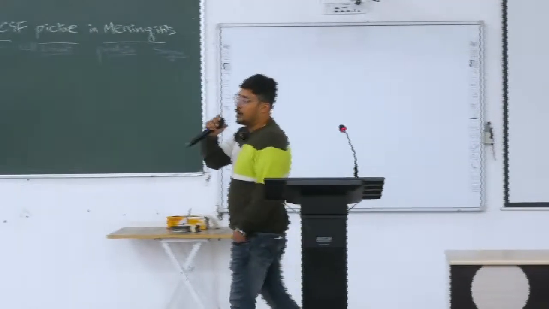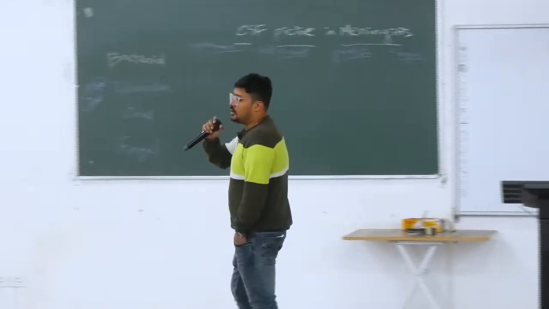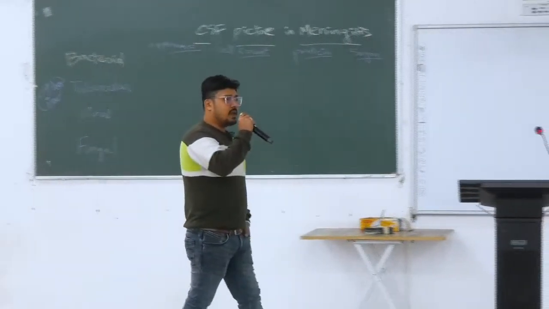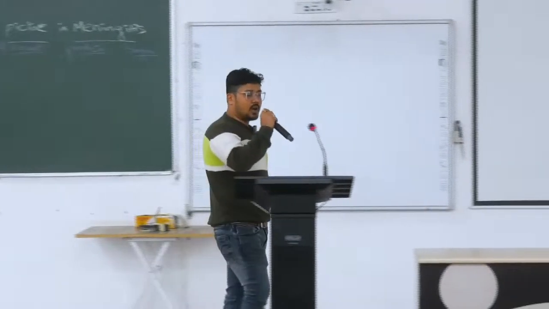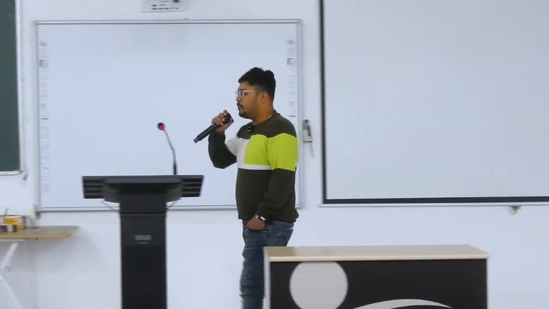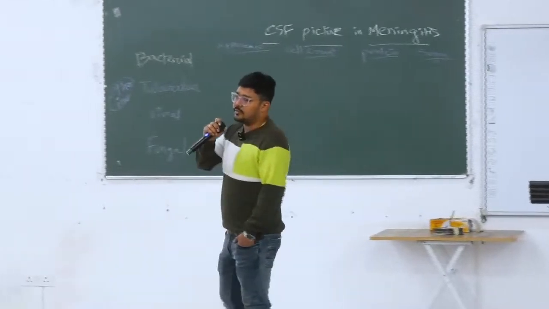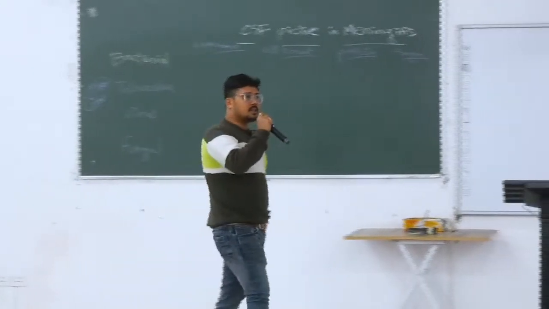Whenever it gets inflamed by various etiological agents like bacteria or tubercular agent or fungus or virus, so meningeal involvement or meningitis occurs. So in meningitis, what are the possible changes of CSF? That is our topic of discussion today.